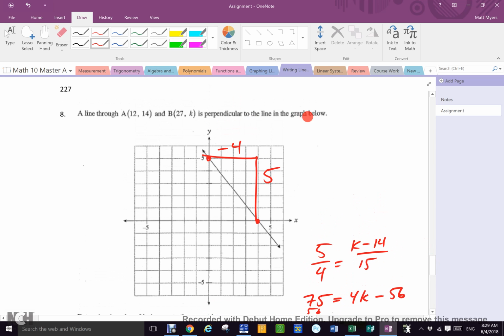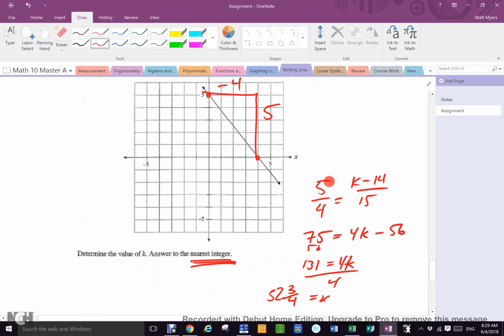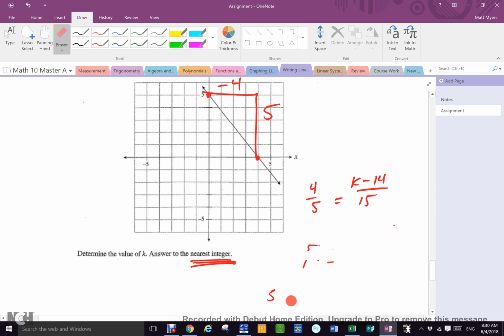I need perpendicular, a line through there, perpendicular to that. Got the slope. Oh, Mr. Myers, I forgot to flip it. 4/5. There we go. That's better. 60 equals 5K minus 70.